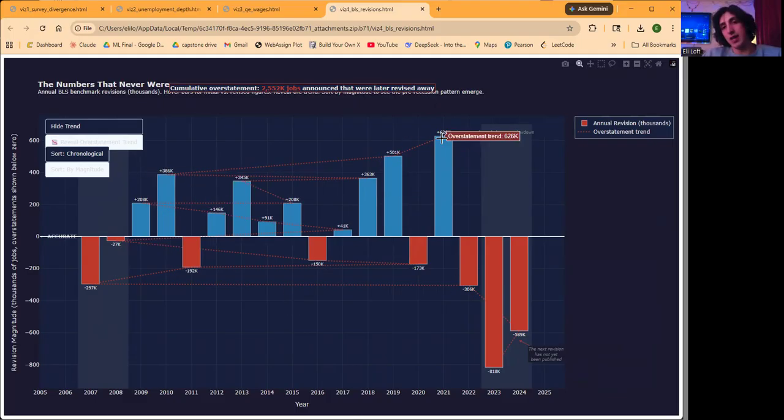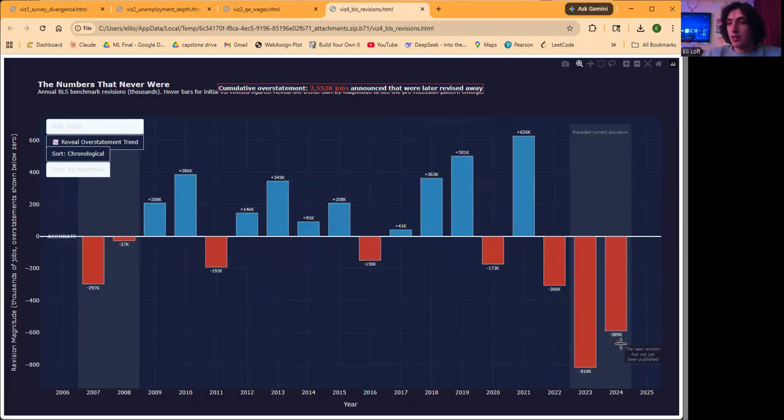But you see that, especially later, you're getting a higher and higher revision from the baseline. This is just to show that the deviation from the baseline indicates that we are not reading the data correctly. We're just not.